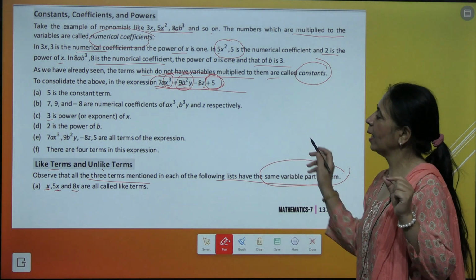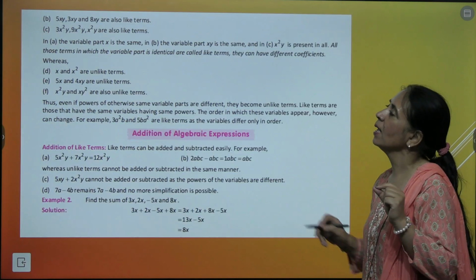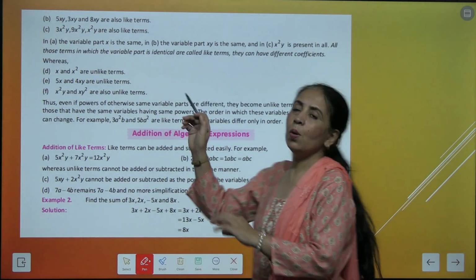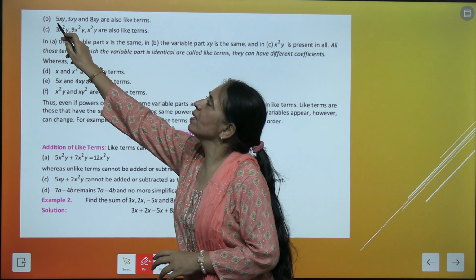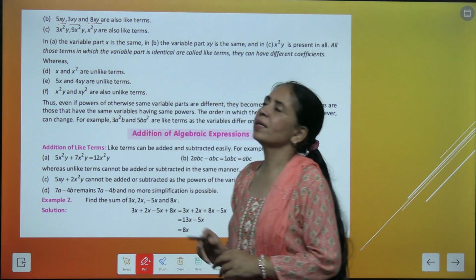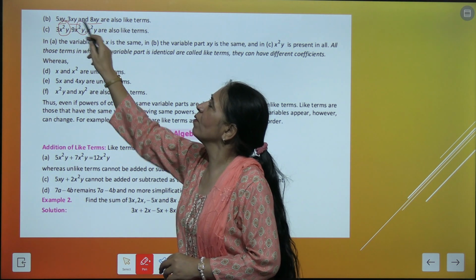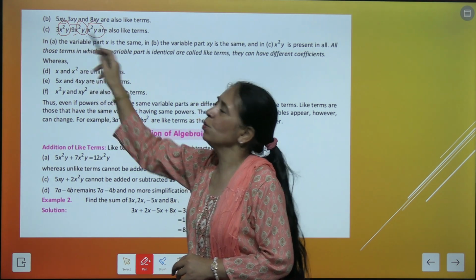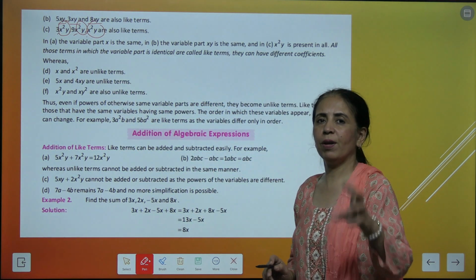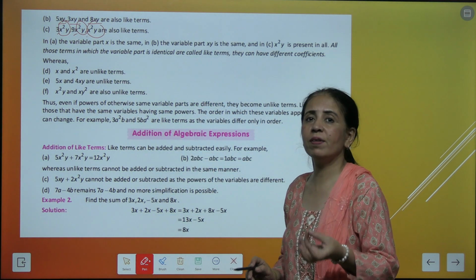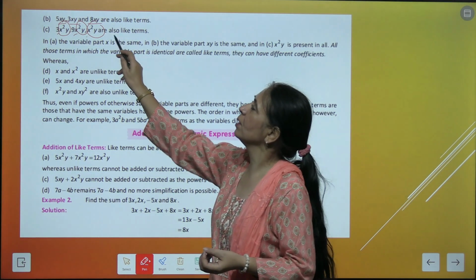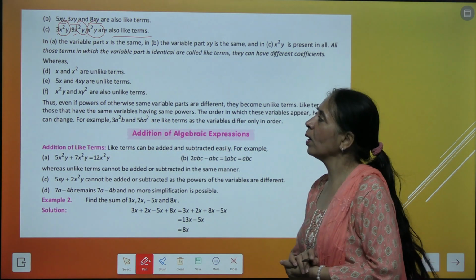That's called like terms. And see here, we have 5xy, 3xy, 8xy. These are also like terms. Similarly, x square y, x square y, x square y. The numerical values are changing, but the variable part is the same, the powers are the same, so we call such terms like terms. Got it?